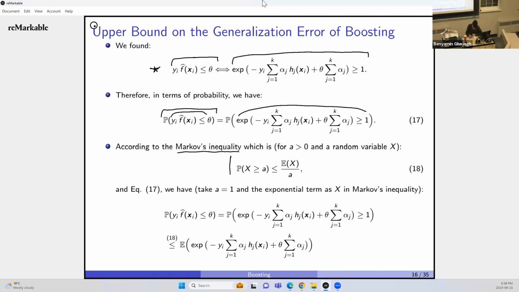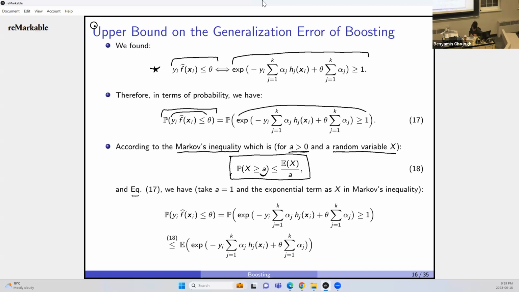This is the formula: for some a greater than 0 and a random variable x, where a is not random and x is a random variable, the probability of x greater than or equal to a is less than or equal to the expectation of x over a.